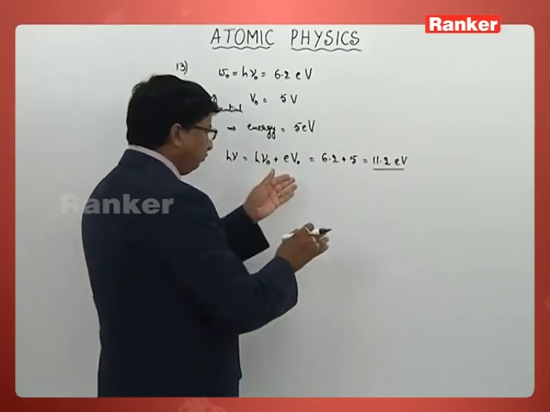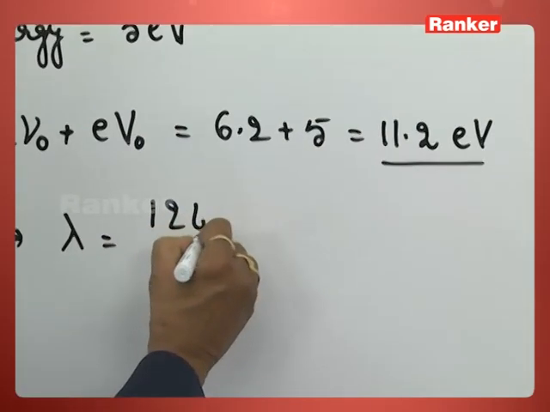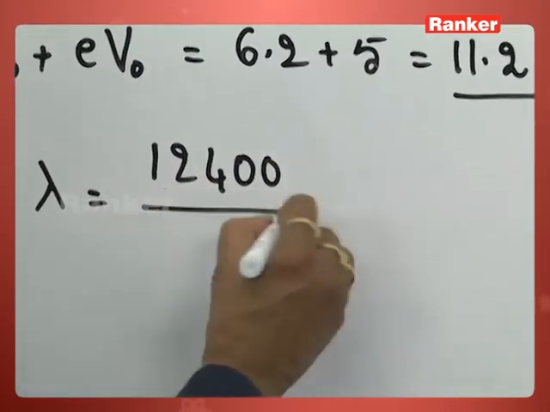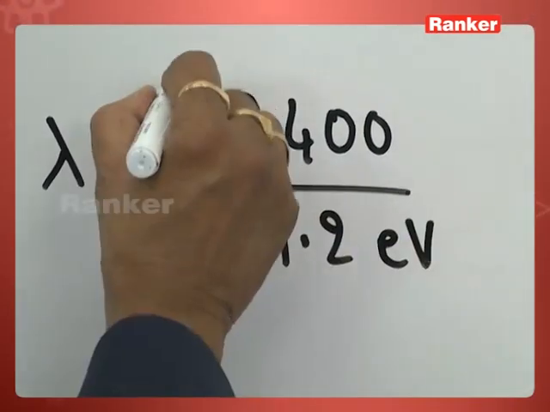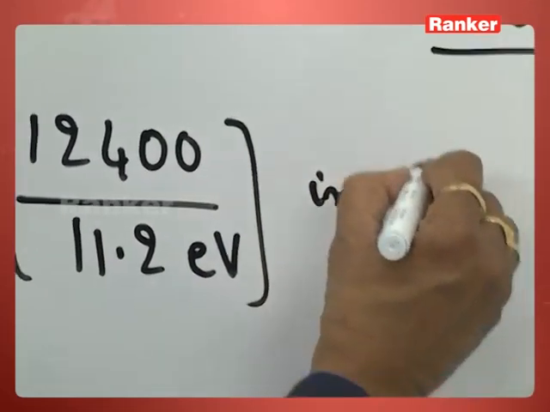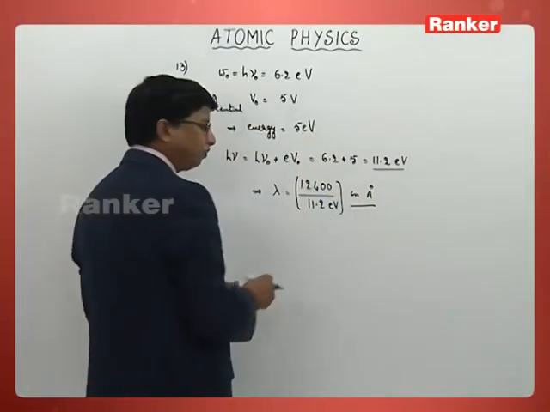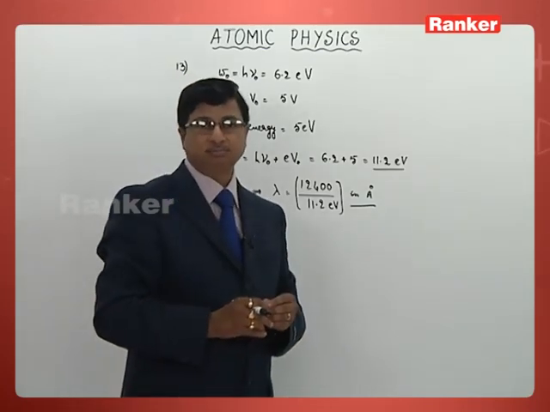Wavelength, in the shortcut methodology you all know, is 12,400 divided by 11.2 electron volt. When I simplify this, I get the answer in angstrom units. In fact, all of you know this particular conversion very well.